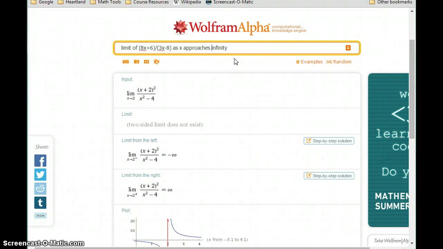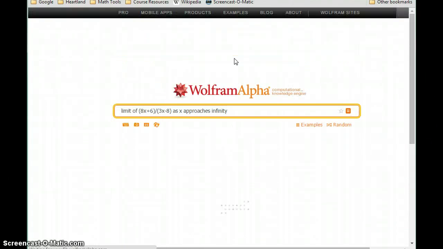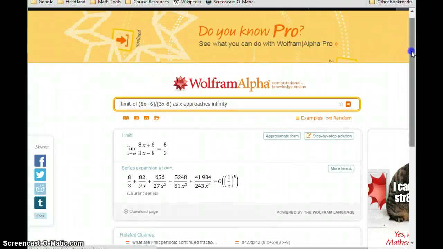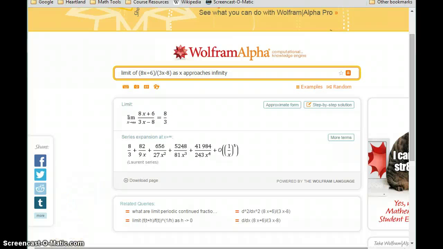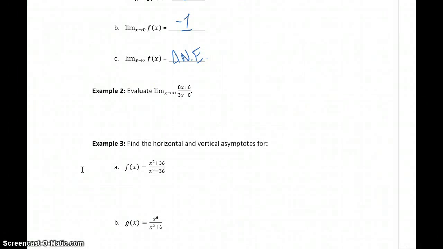If we wanted negative infinity, we could just put a negative sign in front of that. Again, we want to verify that this statement matches our expectations. Is this the problem that we wanted to answer? In this case it is, and so that limit is going to be 8/3.